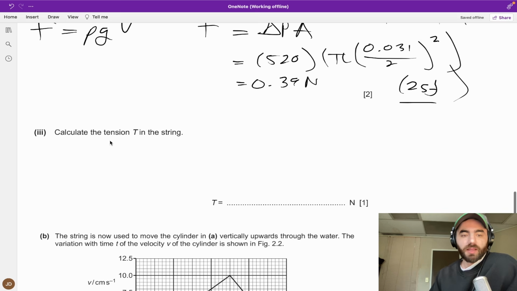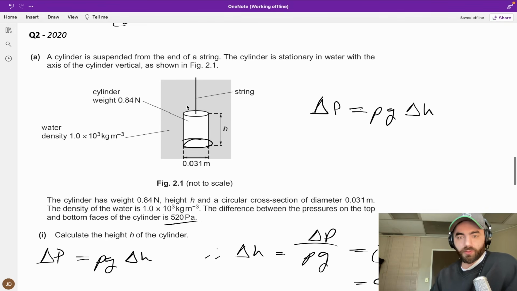Calculate the tension in the string. Okay, well, it's stationary, right? If it was moving, we have this thing called viscous force. I think that's what they call it. Yeah, that is. Basically, it's a resistance force of the water. But it's not moving. So we only have this upthrust force due to the buoyancy.